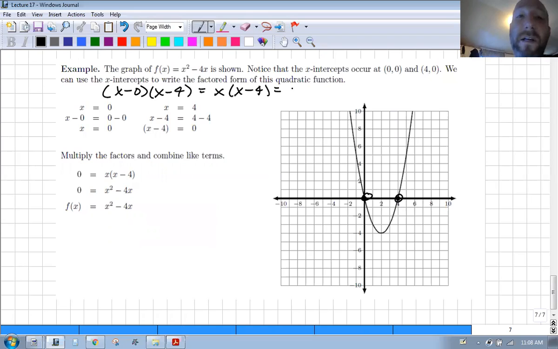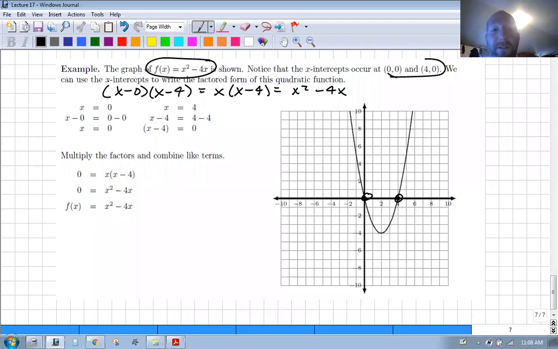We multiply this out, we get x squared minus 4x. Same thing up here. All we did was do x minus each of the x-intercepts, and it tells us the whole parabola.